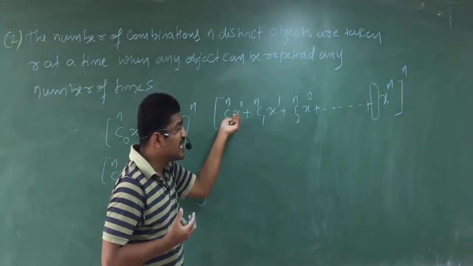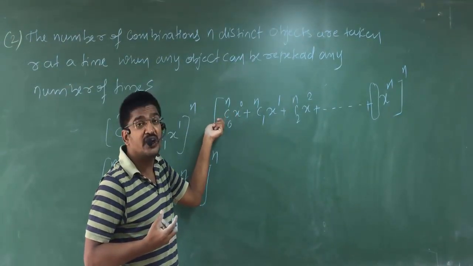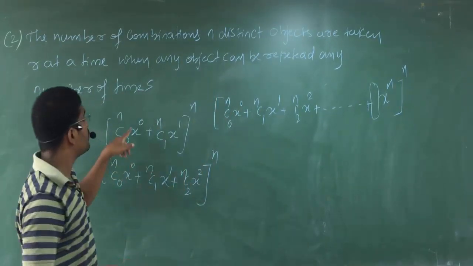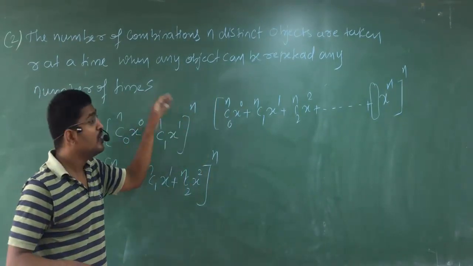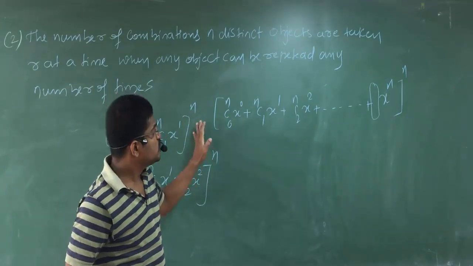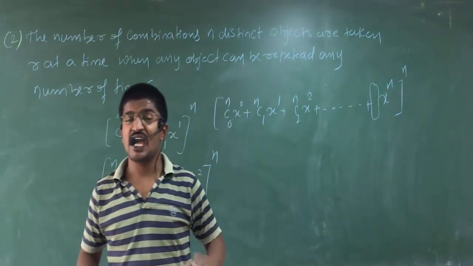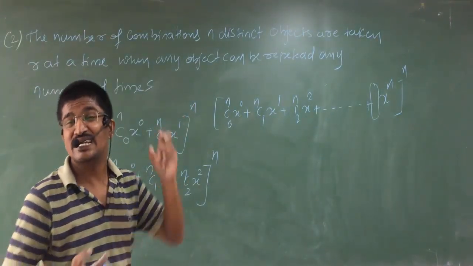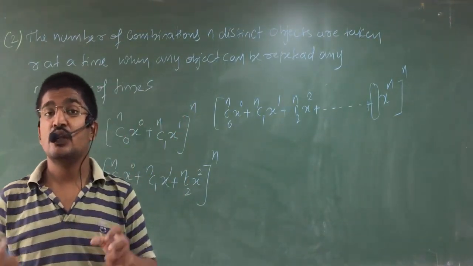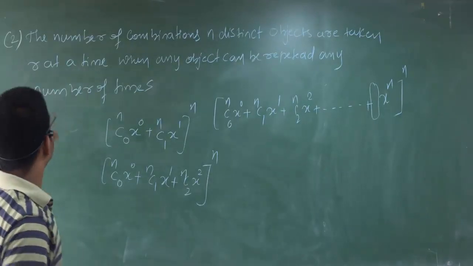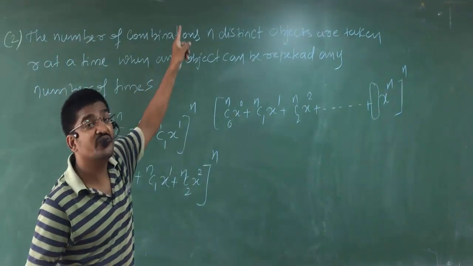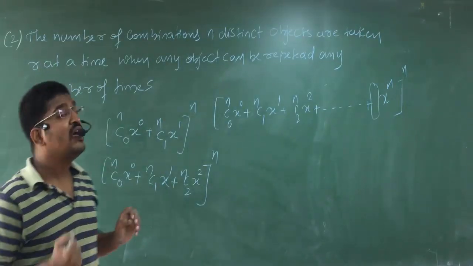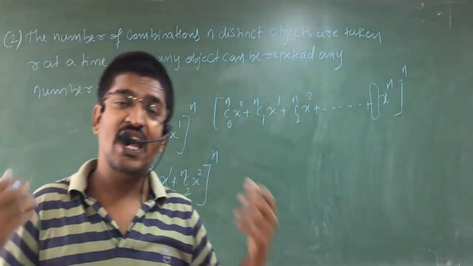See, if I choose one x, here it can be repeated for this many times. In total we have n, so to the power of n we can repeat. Clear? So like that, if I choose this many elements, the coefficient of the nth element tells us the total number of combinations of n distinct objects taken r at a time, where any object can be repeated any number of times.